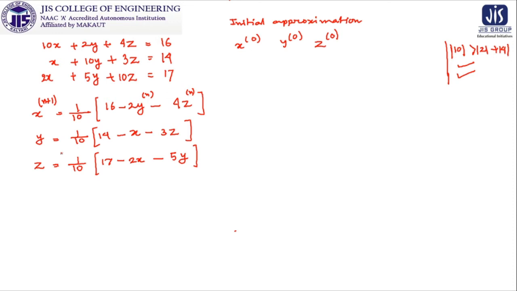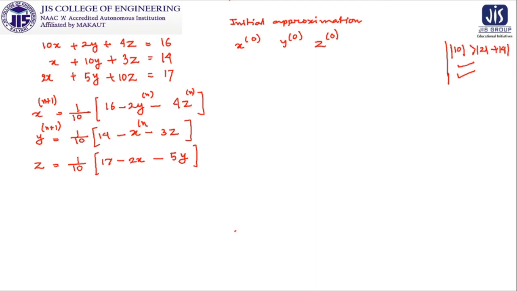But when we are trying to calculate the n plus 1th position of y, I have the nth position of x, the nth position of z, as well as the n plus 1th position of x also, because already I have calculated x n plus 1.